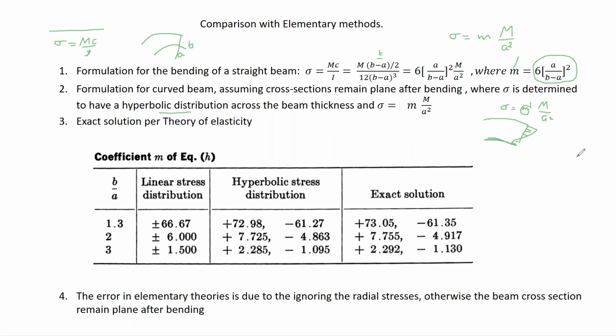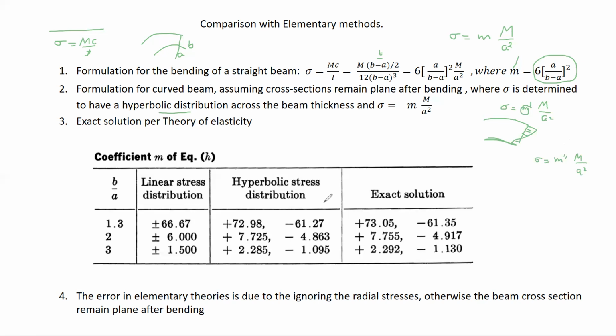And the solution we get from theory of elasticity would also be some factor n double prime times m over a squared. So moment over a squared would be common for all of these solutions. The n values would vary. So I am calculating n values for the straight beam, for the curved beam with the hyperbolic assumption, and the true theory of elasticity.